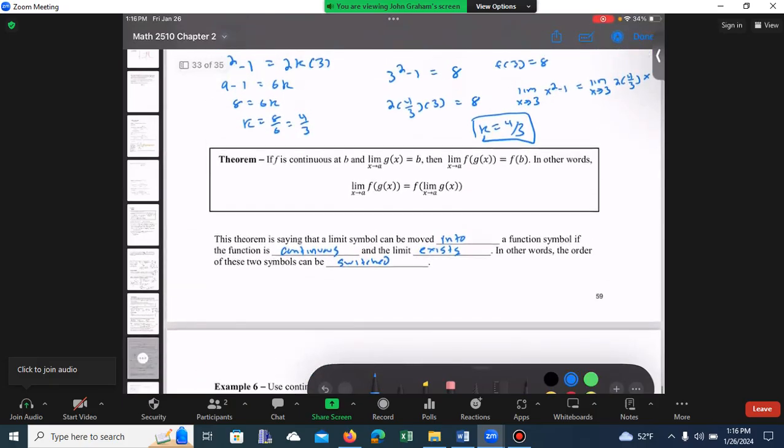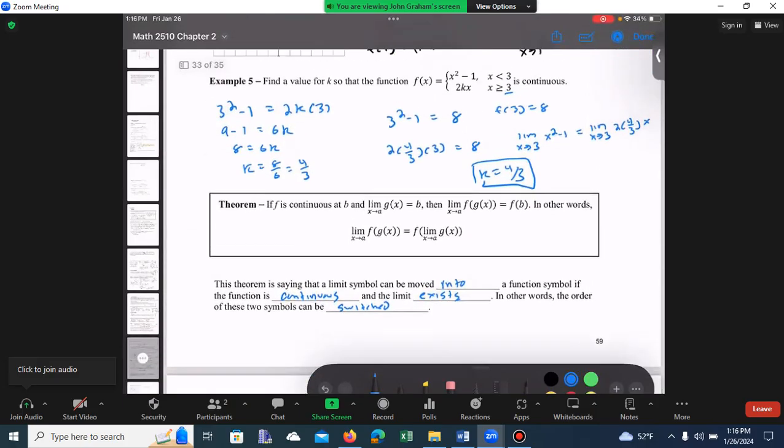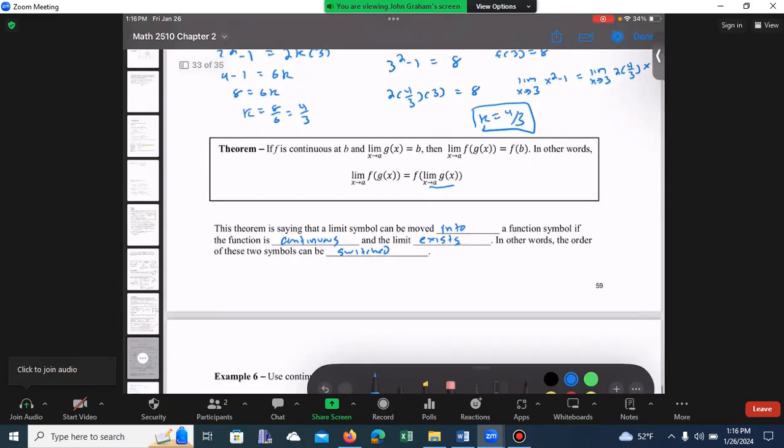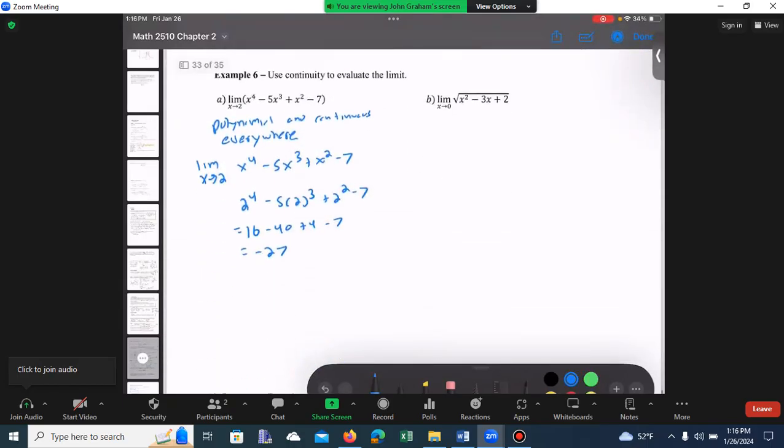You can take the limit of the function, plug it into the function itself, plug it into the limit, I should say.